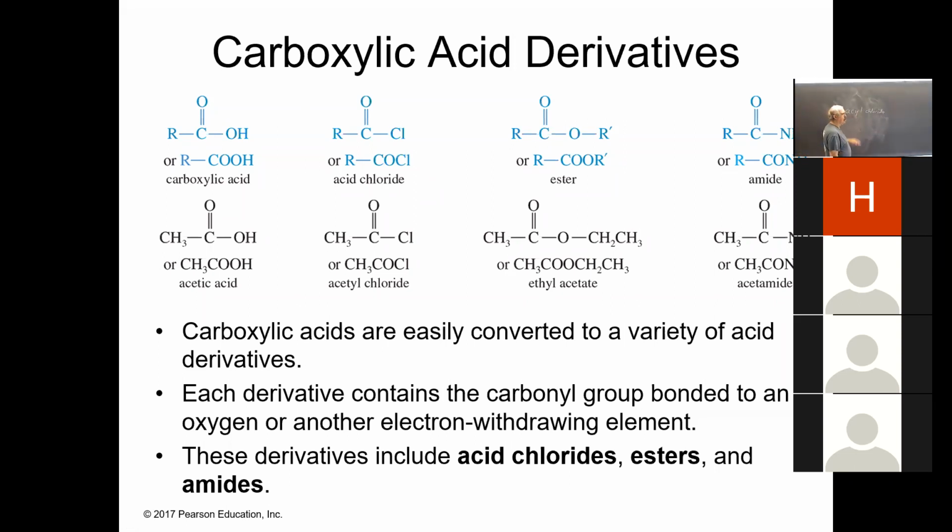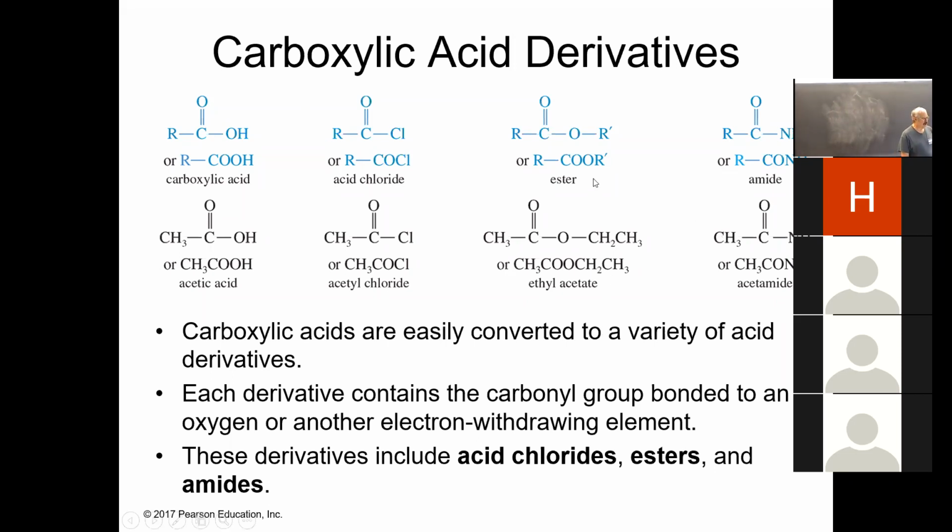This is actually a more correct name because you can have acid chlorides of other acids, such as phosphoric acid, where you can have a phosphoryl chloride. An acyl chloride specifically refers to one derived from a carboxylic acid.